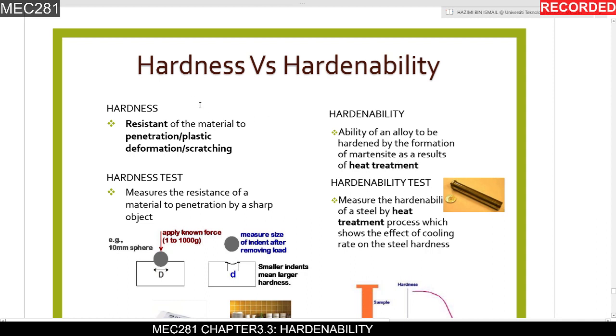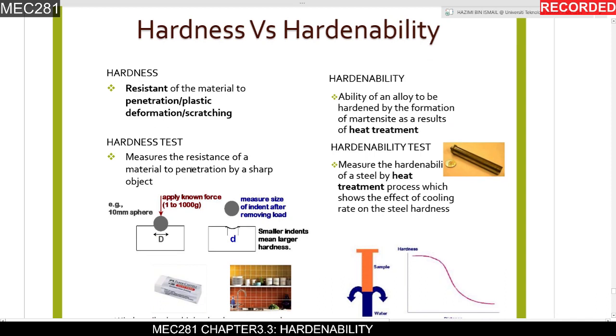That's the difference. Hardness test here measures the resistance of a material to penetration by a sharp object. Hardenability test measures the hardenability of steel by heat treatment process, which shows the effect of cooling rate on steel hardness. See the difference? Hardenability focuses on heat treatment, how to increase its hardness. Hardness test is to see the hardness value of the material, before it deforms.